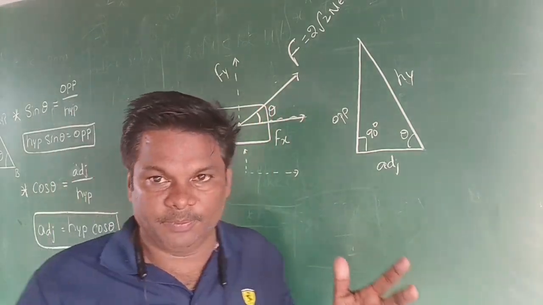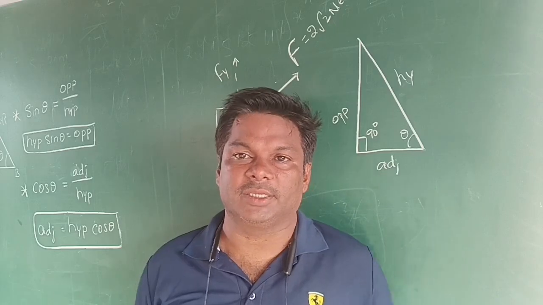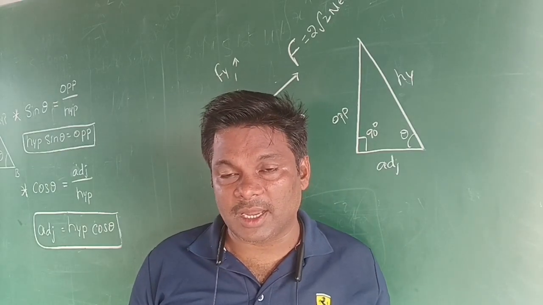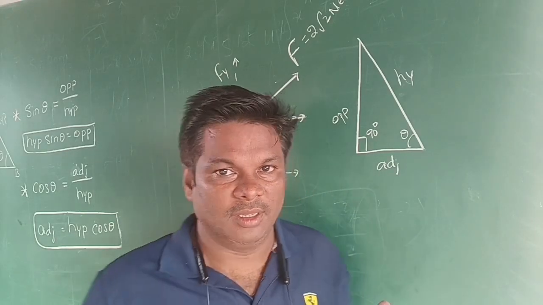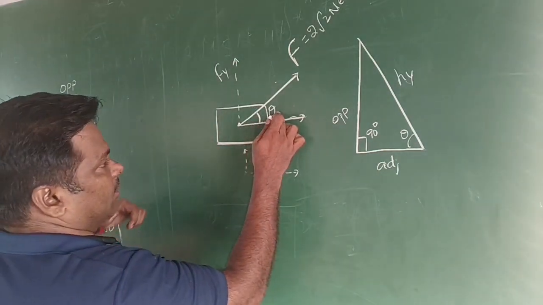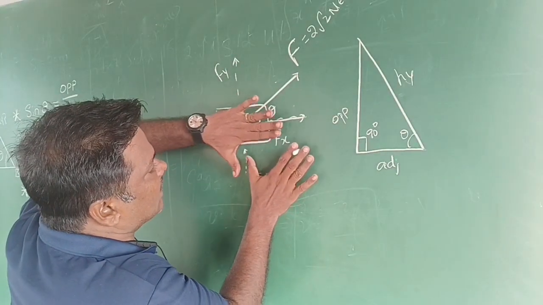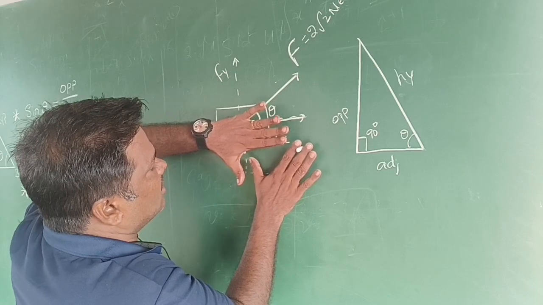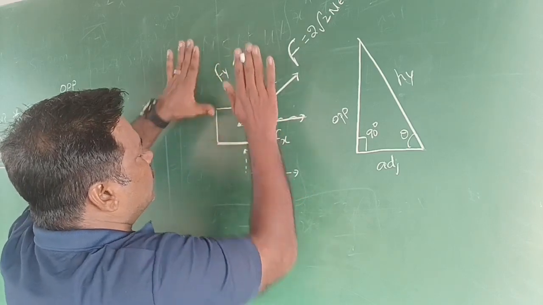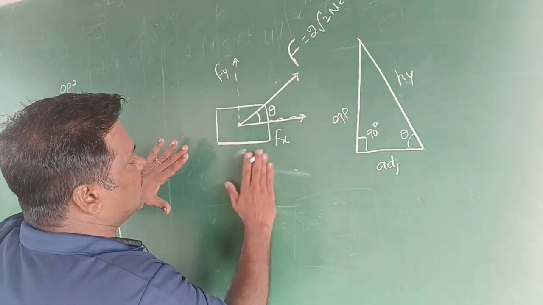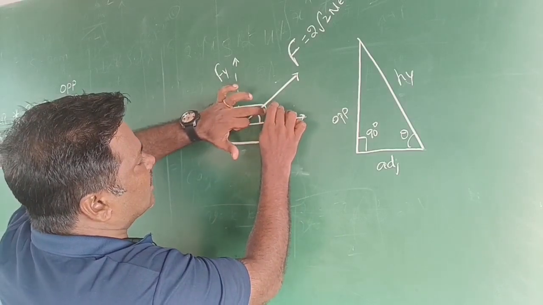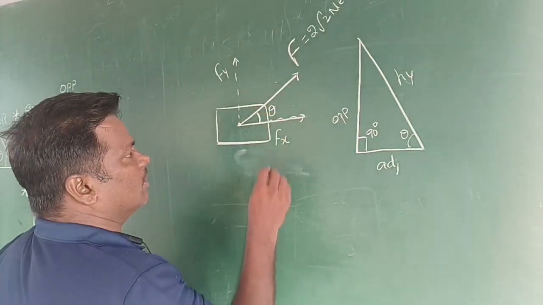It is split into two directions by making an angle. How much force acts along the x-axis and how much along the y-axis completely depends on this theta value, this direction value.